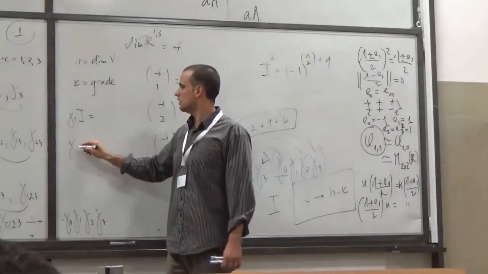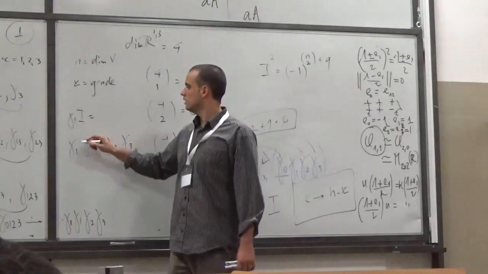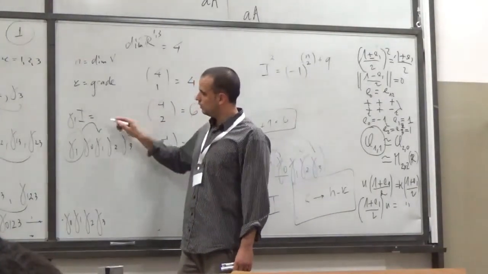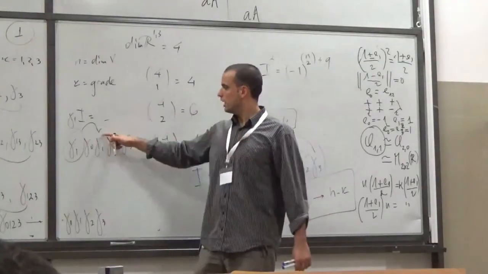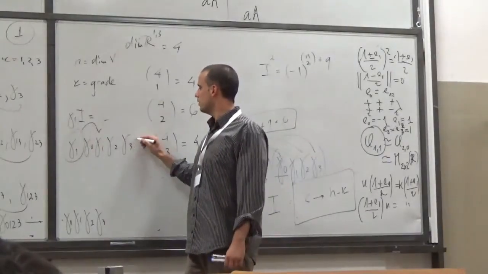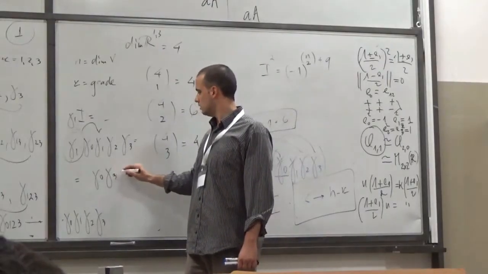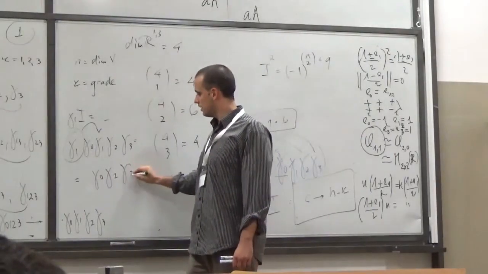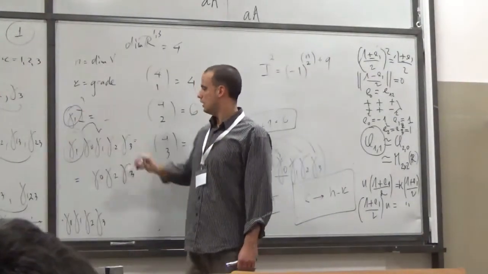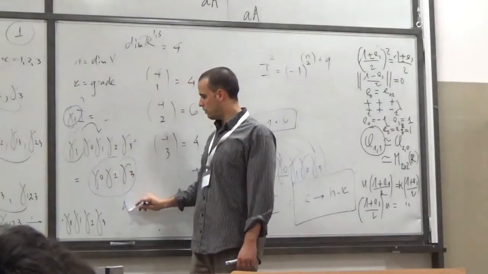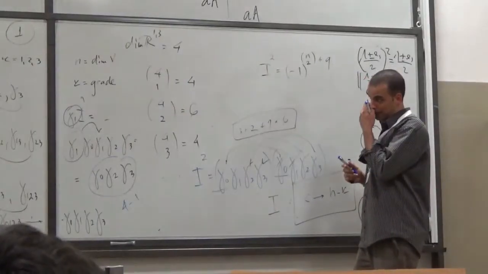So this thing goes here, which means you need to change the sign once. And it squares to minus 1, so you change the sign twice, and you end up with gamma 2, gamma 3. So you begin with a 1-vector, and you end up with a 3-vector, which is 4 minus 1. That's how duality works.